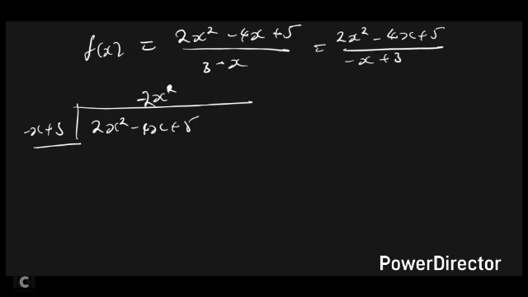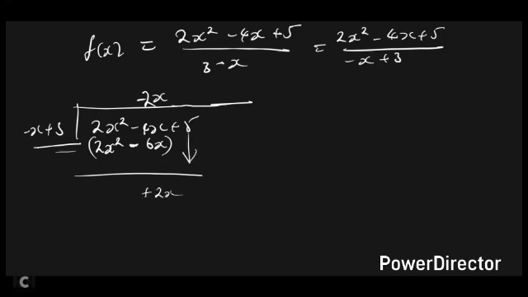Oh, that's 2, sorry. This time that, let's see. Positive 2x squared minus 6x. Right? So from there now, you subtract everything. That's 0, then let's see. Positive 2x. Like that, right?